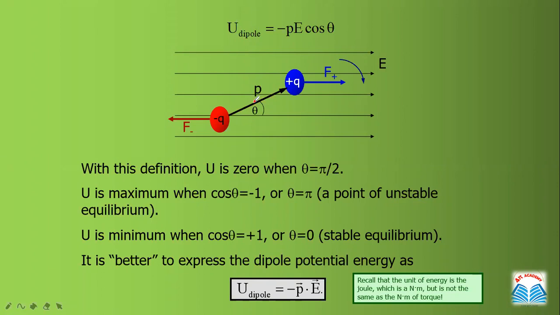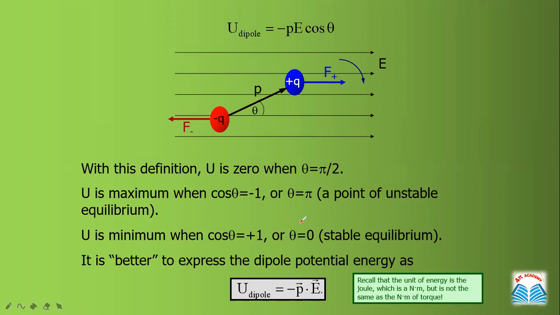So if theta equals pi, we have a point of unstable equilibrium. If theta equals 0 degrees, we will have a point of stable equilibrium. That means the dipole will always remain in that orientation unless we force it to change.